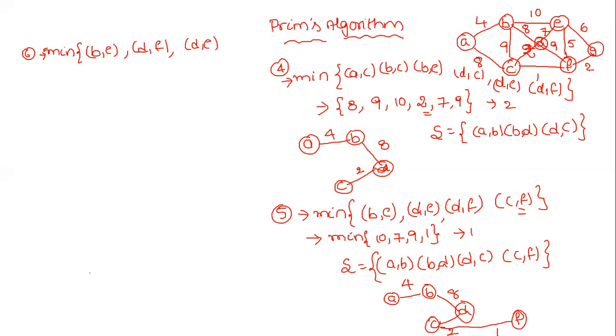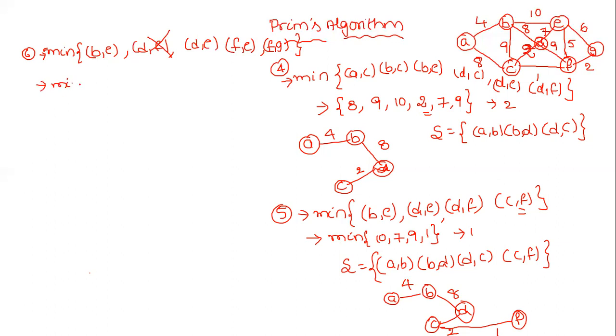So from F to E we are going to consider here. Same way F to G is also there. So whenever D to F we are going to connect here, it forms a cycle. That's why it will not be considered.